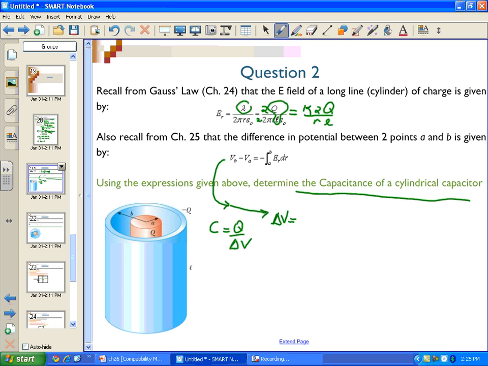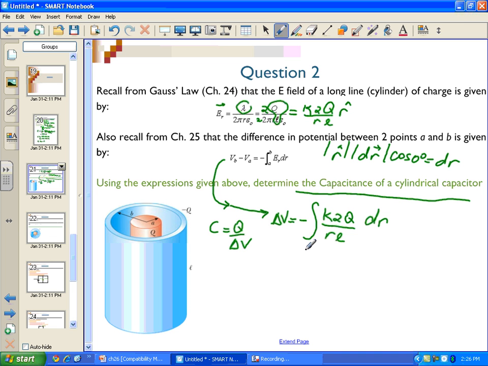I'm going to take the expression for E, K 2Q over RL, and because the electric field is already radial, the r hat has a magnitude of 1, the dr vector has a magnitude of dr, times the cosine of 0 just gives us dr in our integral.